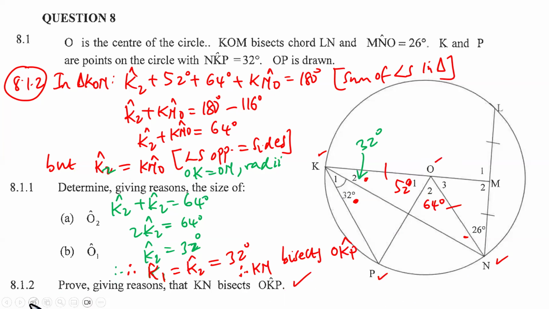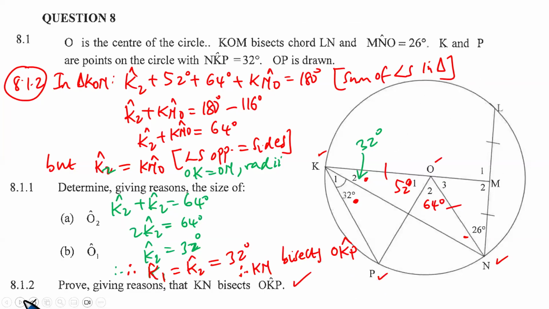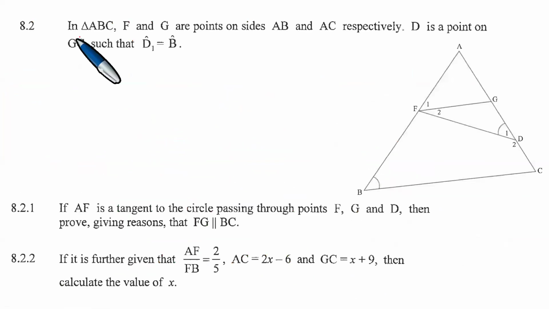Right, next is a new question. In triangle ABC, I need your full attention here because this is very important. F and G are points on the sides AB and AC respectively.